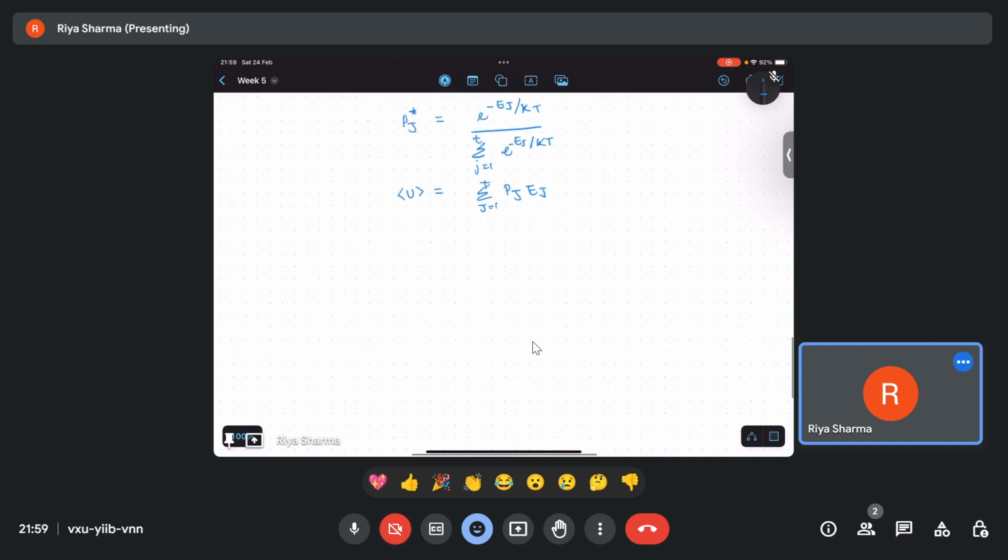Now we already know Pj, so bringing this in, we have the summation from j equals 1 to t of e raised to the power minus Ej by kT, and I'm taking this as Q only, multiplied by Ej.